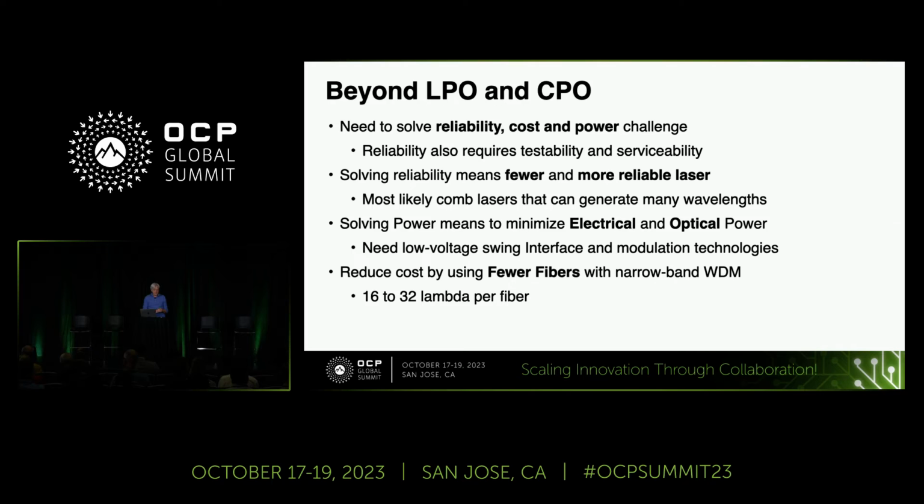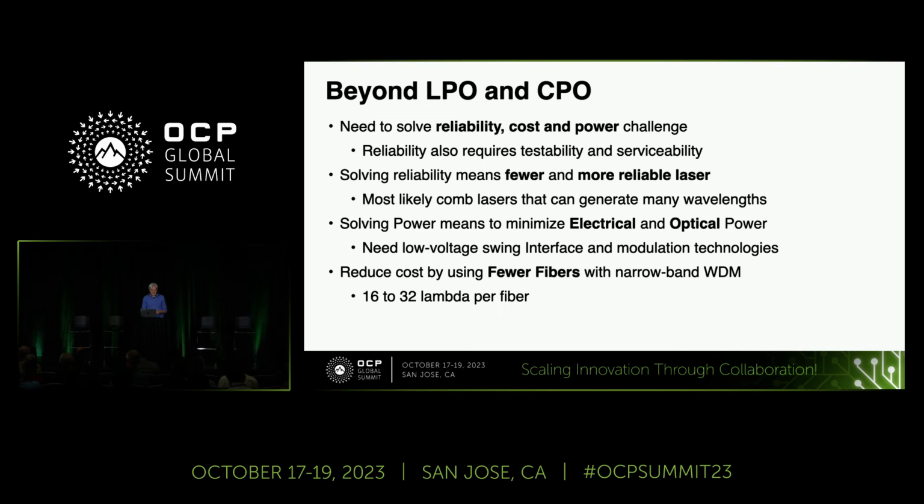So beyond linear or co-packaged optics, we fundamentally need to address the reliability, cost, and power challenges ahead of us. And reliability also means testability and serviceability. In other words, if the optics or the laser fails, there's a way to replace it. Solving reliability means fundamentally fewer and more reliable lasers, most likely a comb laser that makes many colors and just reduces the number of lasers required.